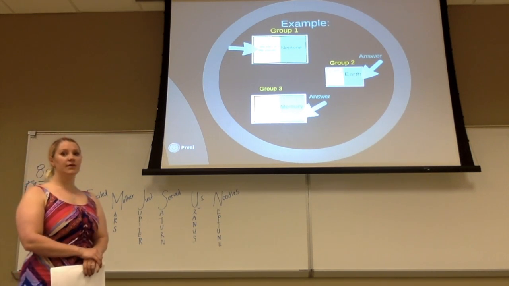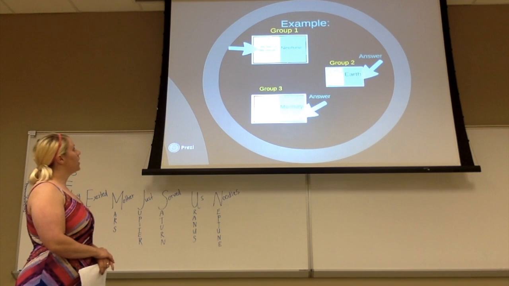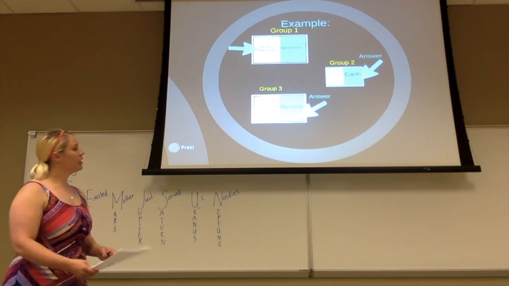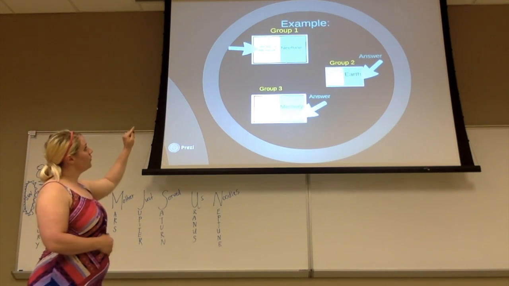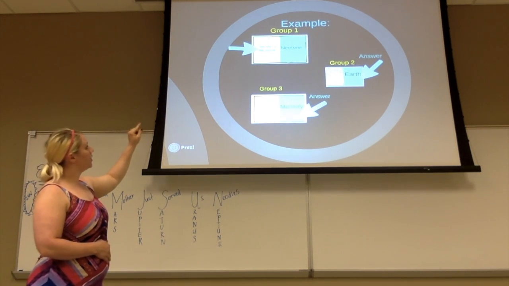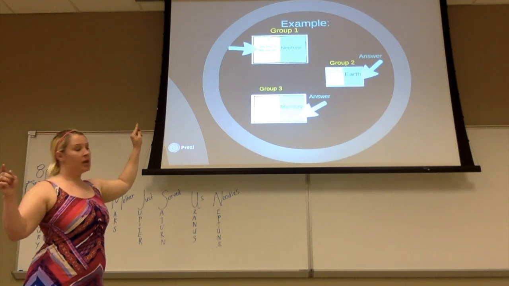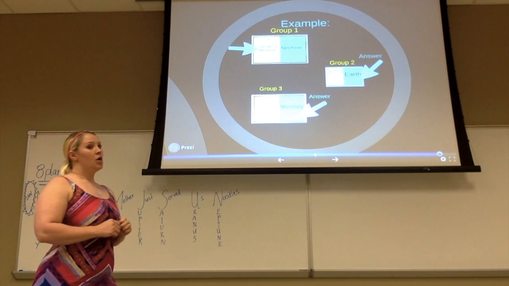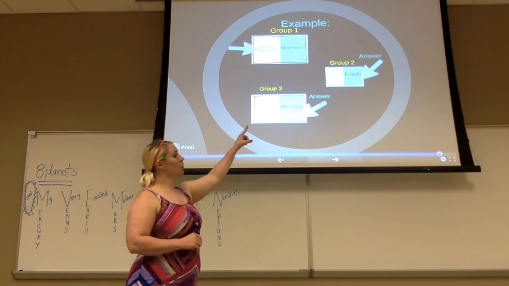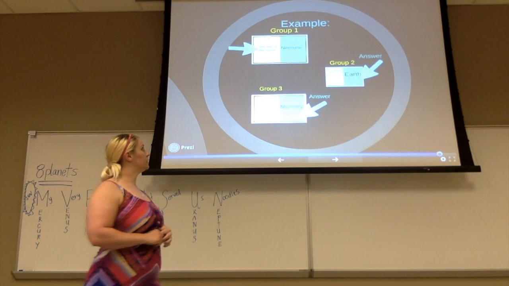So, for example, group 1 has this card. It says, we live on this planet. So group 1 will read the white cards, and the other group will have the answer Earth. So whoever has the answer Earth will raise their hands.